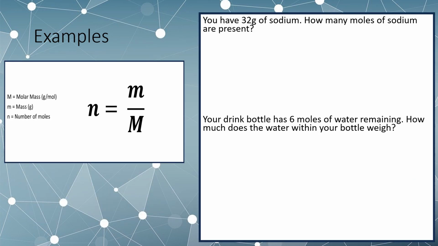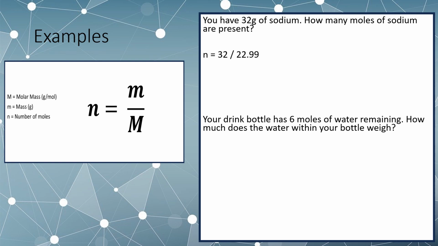Okay, we have two example problems to work through now. Let's start with the first one. We have 32 grams of sodium, and the question is asking us how many moles of sodium are present. Looking at our formula, our number of moles is equal to our mass over our molar mass. So in this case, n is going to be equal to 32 over 22.99.